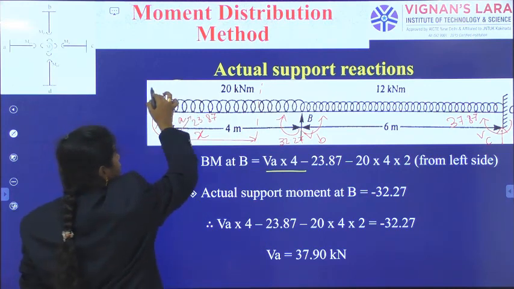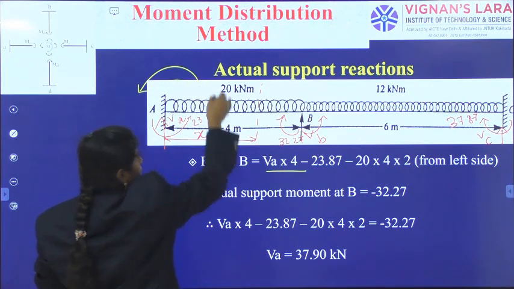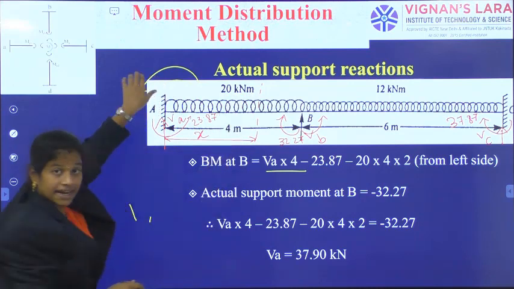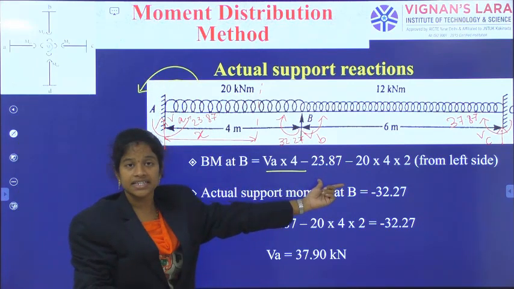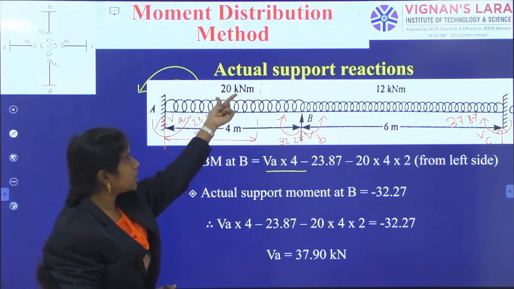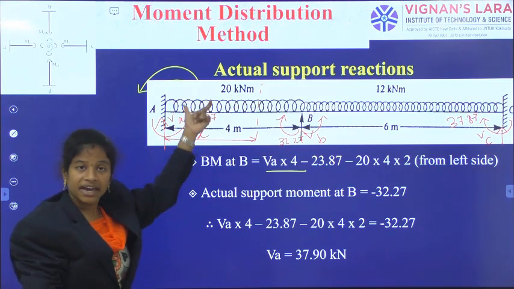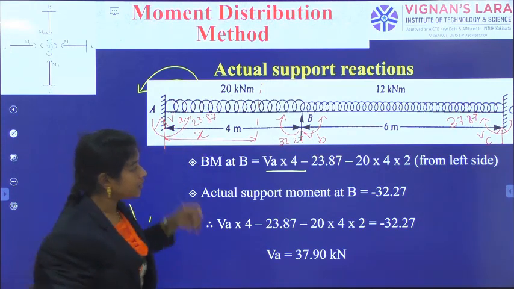From the section it is causing negative moment. That's why minus 23.87. And also I am having UDL 20 of x length. So, minus 20 into x by 2.